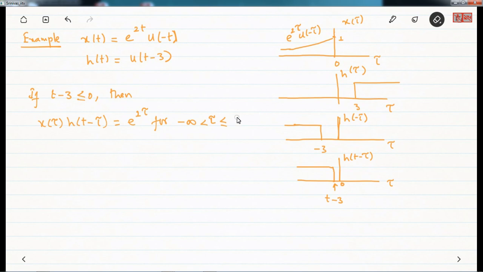Sorry. For t minus 3 less than or equal to 0, the product is non-zero there, and it's 0 otherwise.